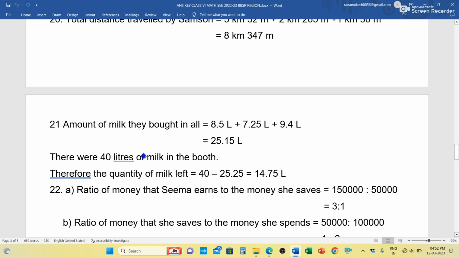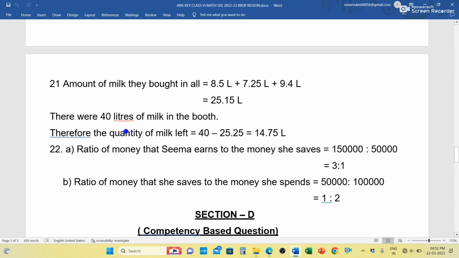They bought 25.15 liters. There were 40 liters of milk in the booth. So the quantity of milk left is 40 minus 25.15 liter. Here there is a small mistake. 40 minus 25.15 equals 14.85 liter.